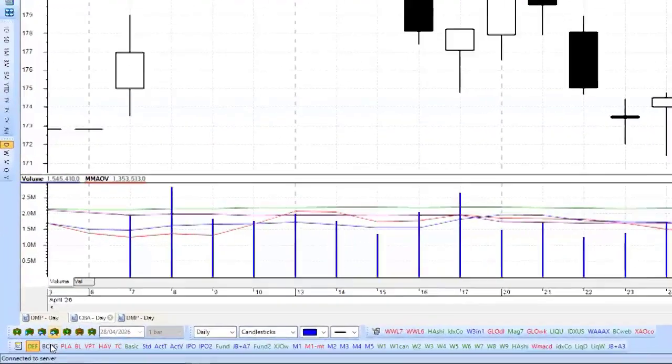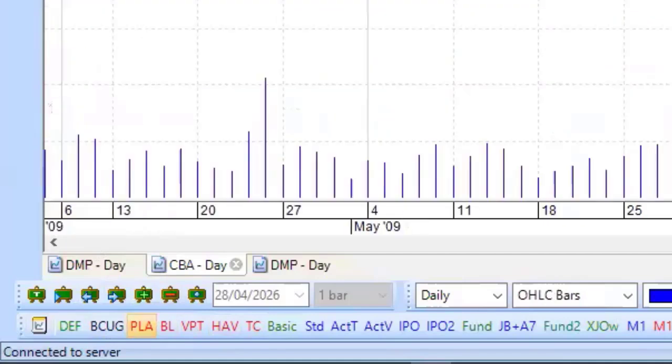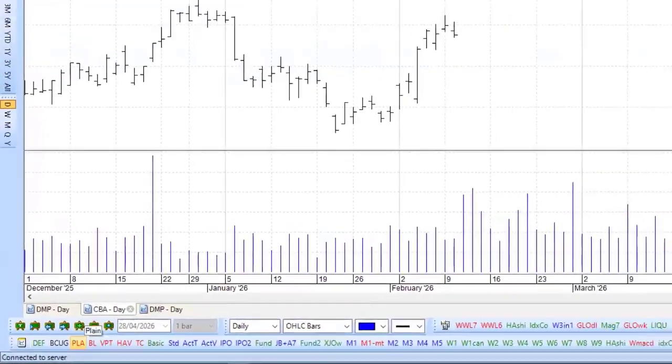So right down in the very bottom left corner of my screen is the left end of my template toolbar, and the 3 red labels are the supplied templates. The first one there, if I hover the mouse cursor over it, PLA, the little tooltip box that pops up says plain.